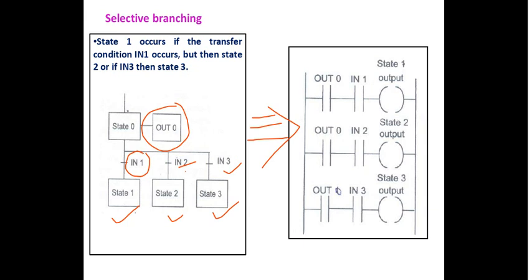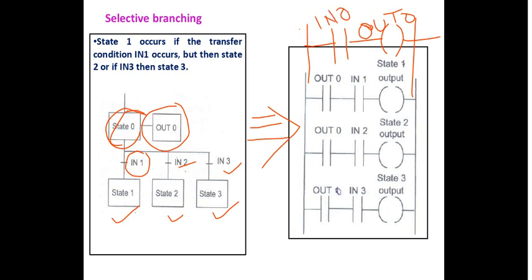State 3 output is possible if and only if out 0 and in3 are true. That means in order to have the individual outputs out 1, out 2 and out 3, out 0 is a must, plus in1, in2 and in3 respectively. So this kind of example you will also come across later. This is called selective branching.